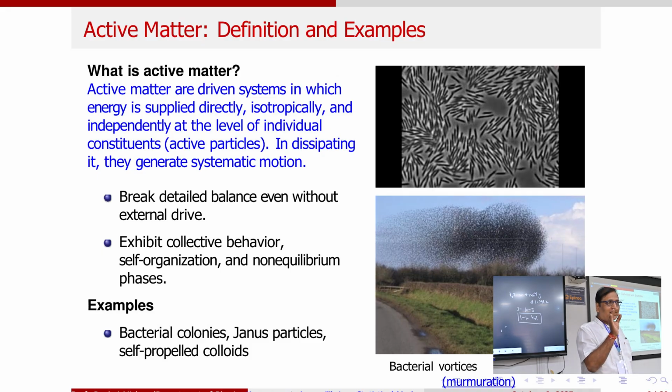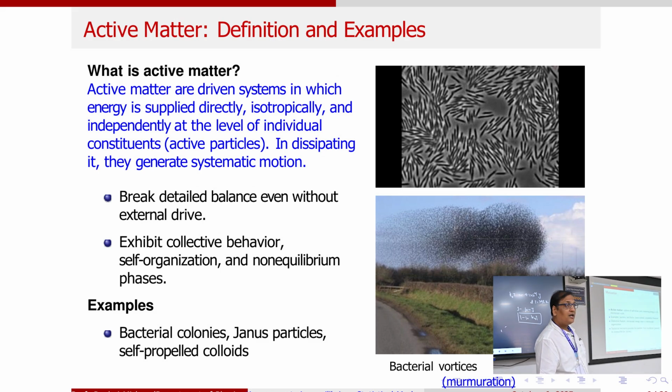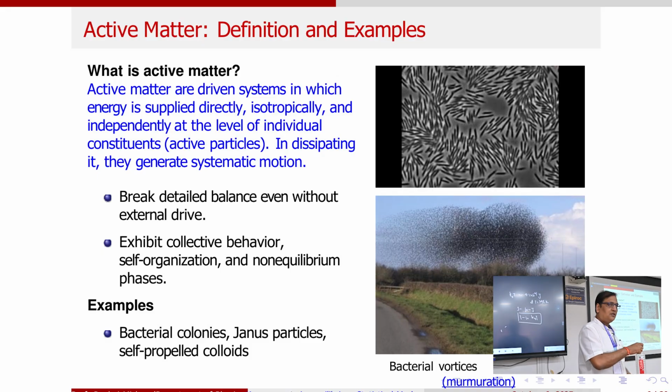If they burn their entire energy, they will die. They are not going to be helped by any other locust. So such examples are there. Breaking detailed balance is equivalent to breaking symmetry, which is what kind of order I should.